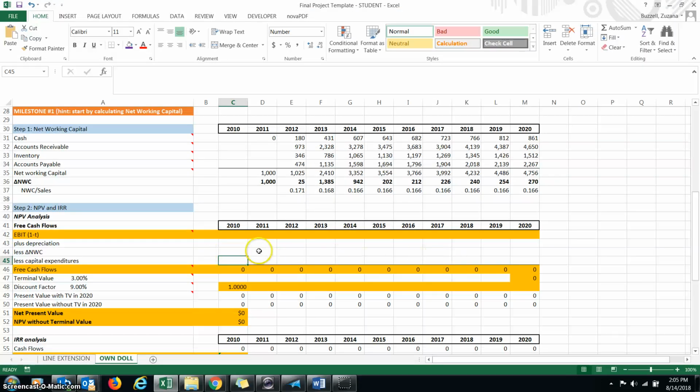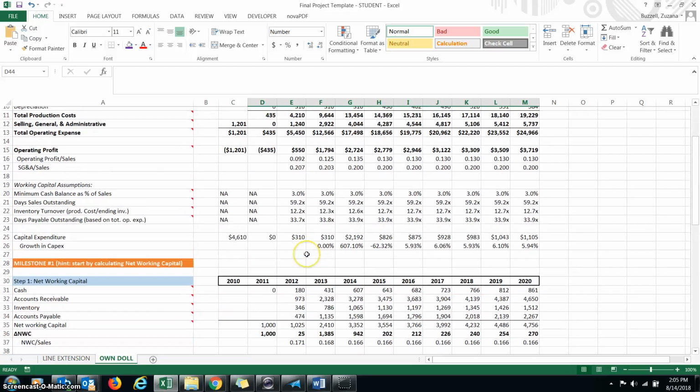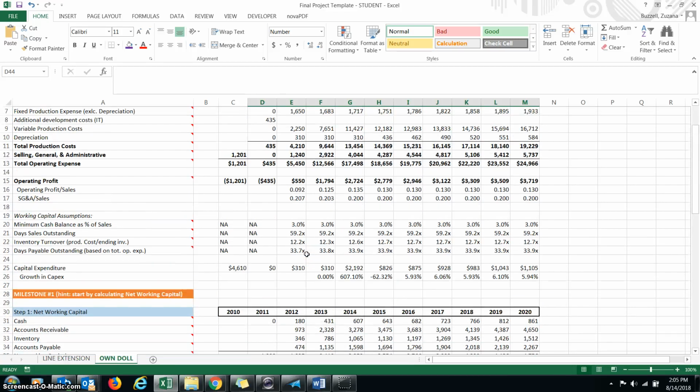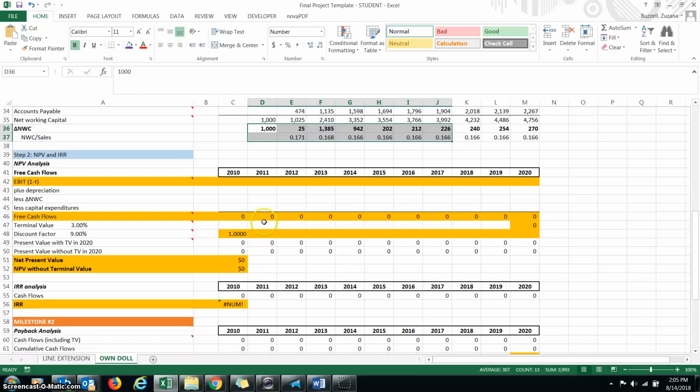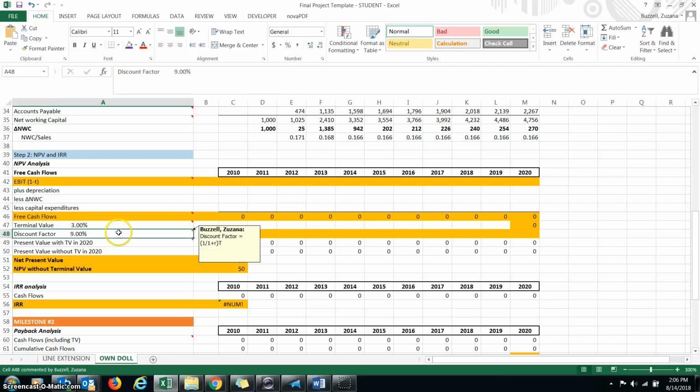And then again, this would be a negative number, okay? The change in net working capital would be a negative number. It's right here. And then, of course, you will have your negative number of less capital expenditures, okay? So change in net working capital would be negative, and less capital expenditures would be negative. And then again, your discount factor is 9%, and you need to actually discount the rate.